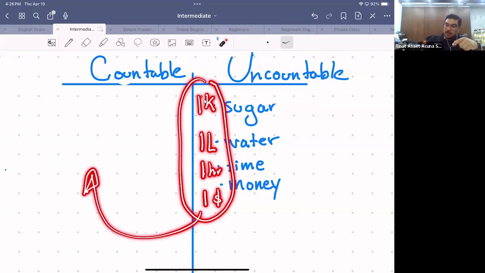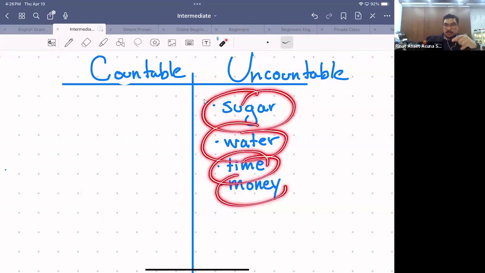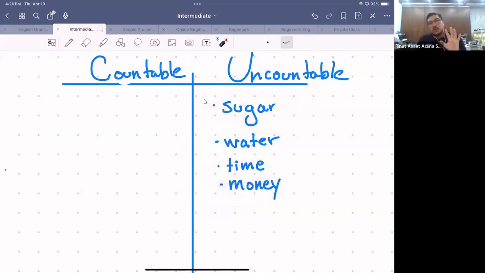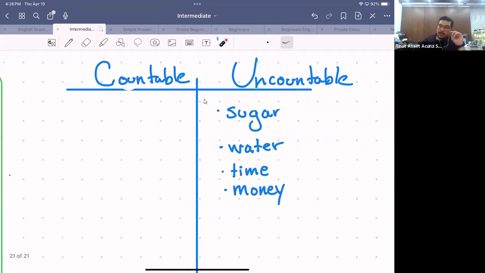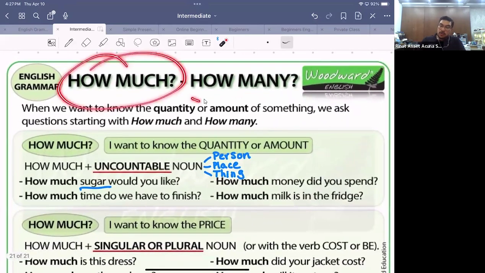But all of the rest is not. So when you analyze a noun, you have to try to understand, is it countable or uncountable? That's going to help you determine how to say it, if you need to use how much or how many.